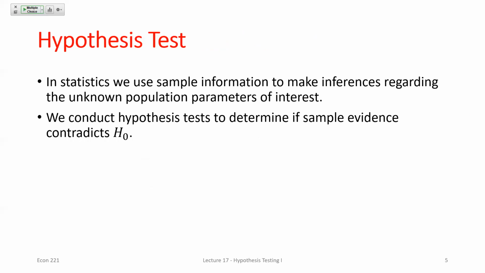We use our sample to see whether or not it contradicts the null. If it contradicts the null, then we have some work to do to say, does it contradict it enough? Does it go against the null enough? Because we know that sample statistics follow a distribution. So even if I assume that the true population mean is 7 or higher, let's just use the lowest value in that range, 7. I know that my sample means will be normally distributed around this.